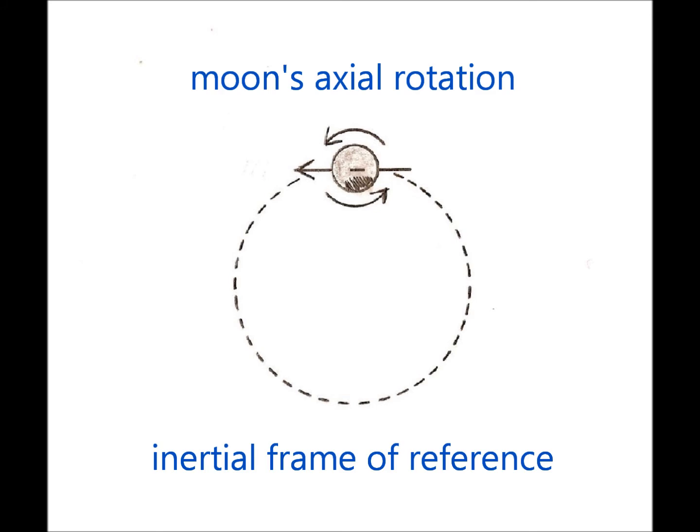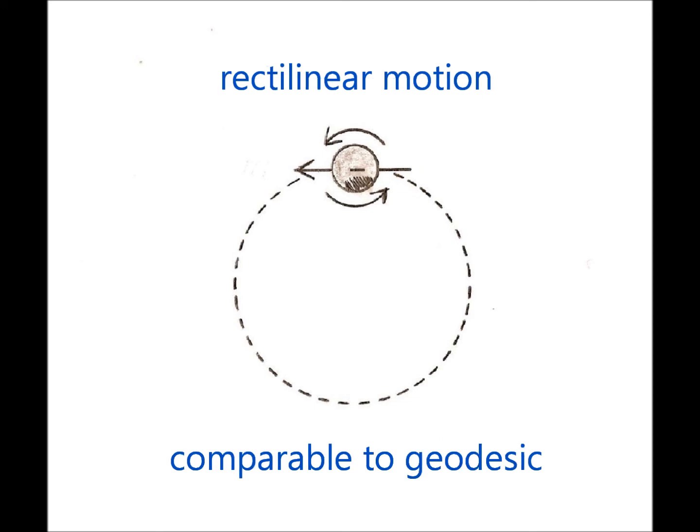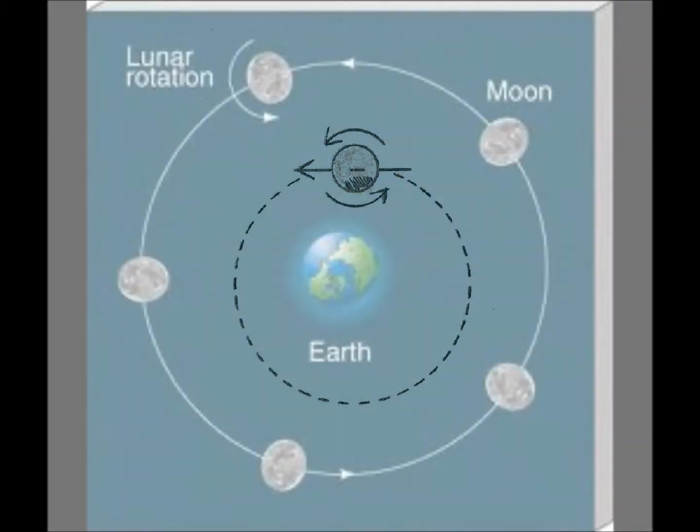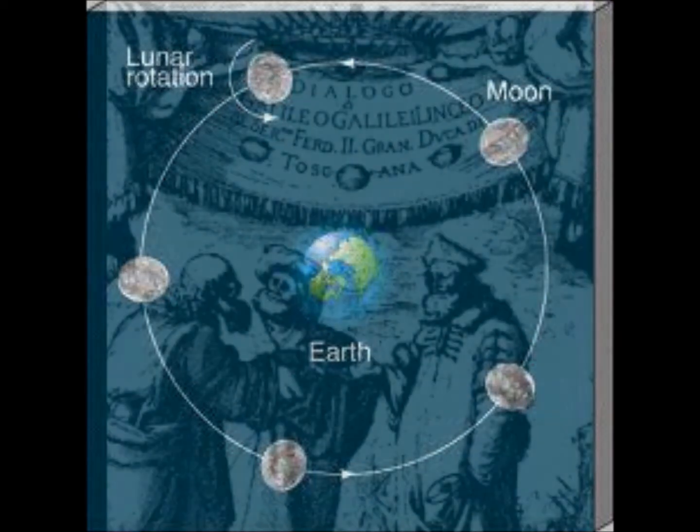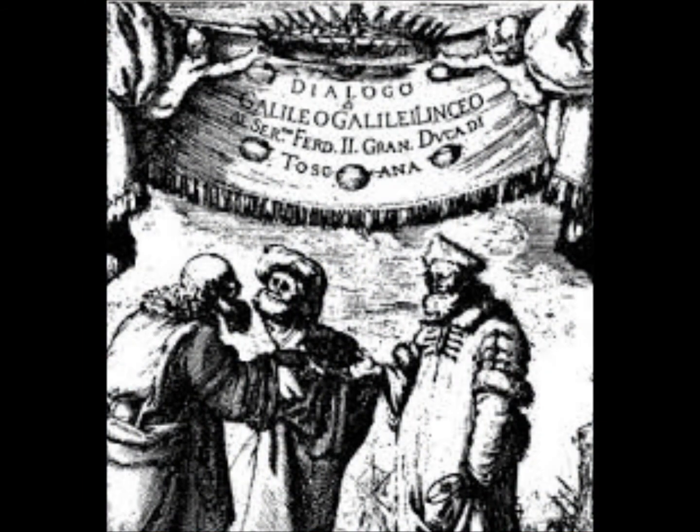Thus, the Moon's orbit may have an underlying rectilinear motion, comparable to a geodesic, but its momentum is carried and turned with the Moon's rotation. As a result, the Moon circles about a full orbit with each of its 360-degree axial rotations. In such a case, the Moon's orbit is force-free, just as with general relativity, and yet it takes place in a setting of absolute space and time.